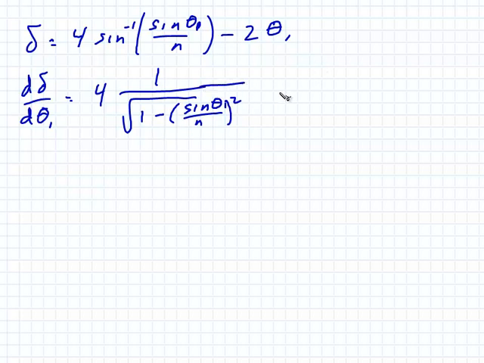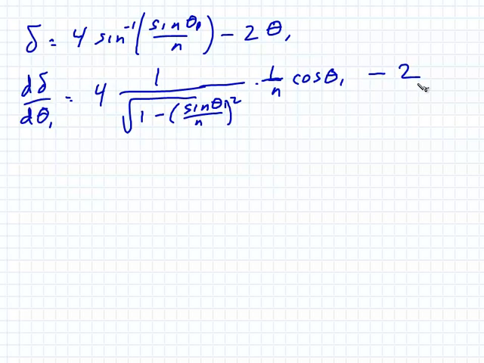Then applying the chain rule, we have to take the derivative of the argument. The coefficient there is 1 over n, and the derivative of the sine of theta 1 is the cosine of theta 1. That's it for the first term. The second term, the derivative here is simply minus 2.